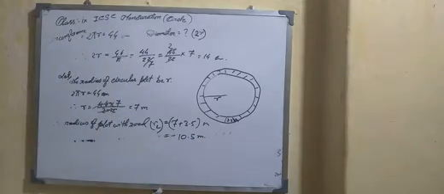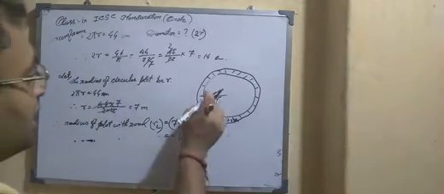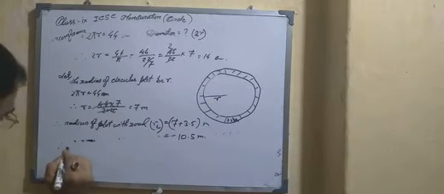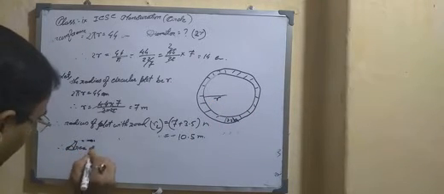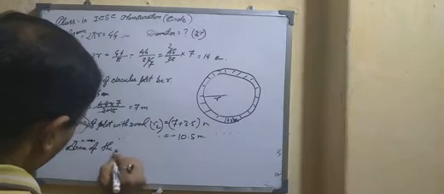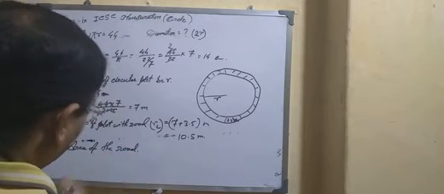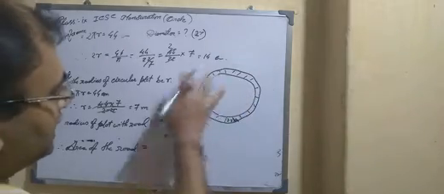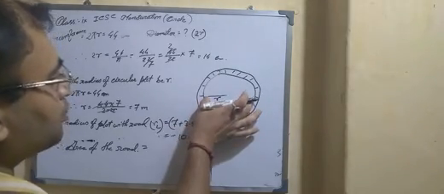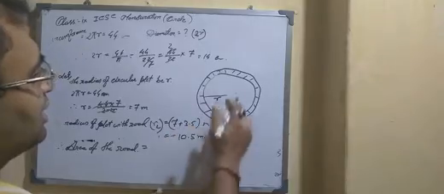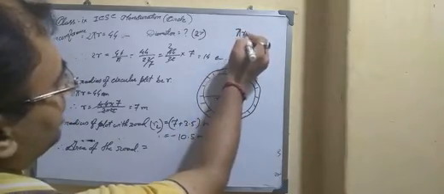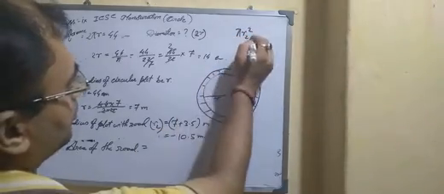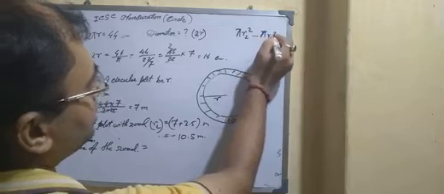Now we have to find out the area of the road. Therefore area of the road means the total area minus the plot area. That means pi R2 square minus pi R1 square.